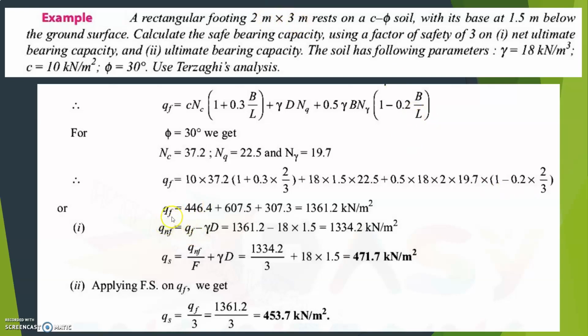Simplify this, we'll get qf is equal to 1361.2 kilonewton per meter square.